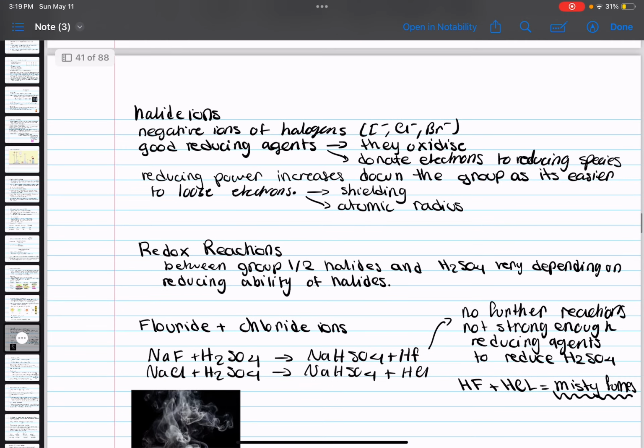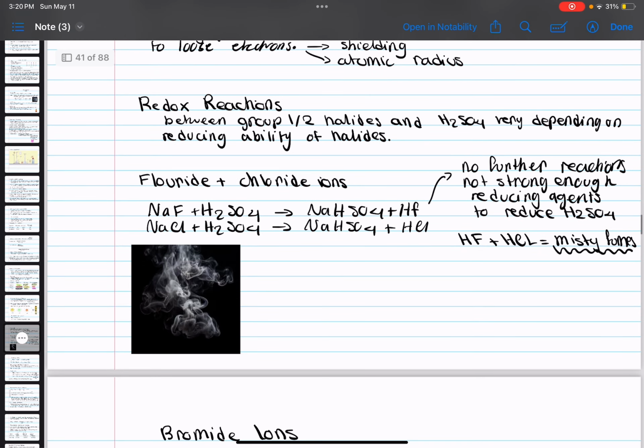Then we have the negative ions of halogens, and they're really good reducing agents because they donate electrons to the species being reduced. Reducing power increases down the group as it's easier to lose electrons due to shielding and atomic radius. Redox reactions between group 1 and 2 halides and H2SO4 depend on the reducing ability of the halide used.